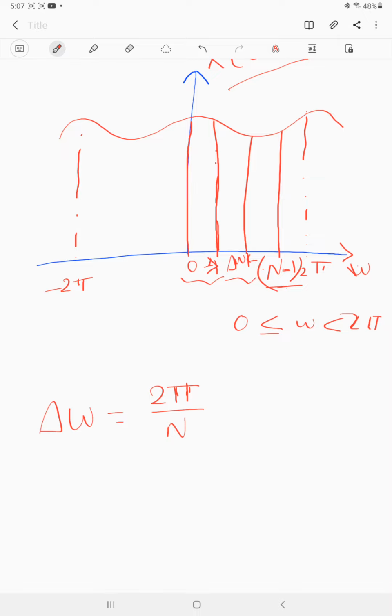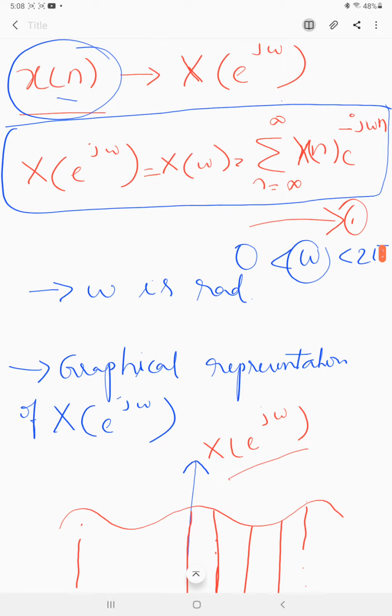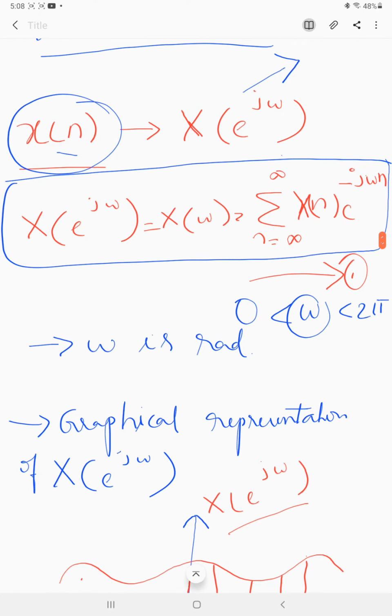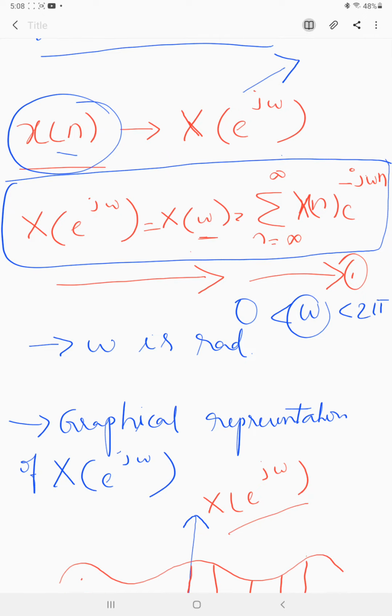Here we are taking n number of samples, so we are taking samples as 2 pi by n for n number of samples. Using this analysis in equation 1, we will replace omega. Here in this equation, we are replacing omega as 2 pi by n.